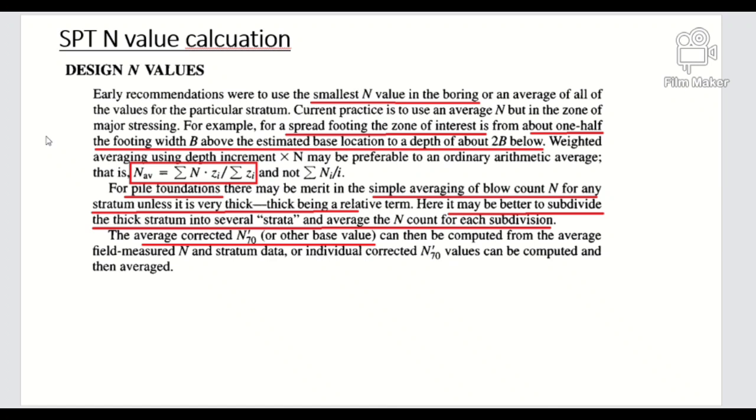As per researchers, we know that we have to take the smallest N value in the boring. If we have any particular strata with different N values, we have to take the average.